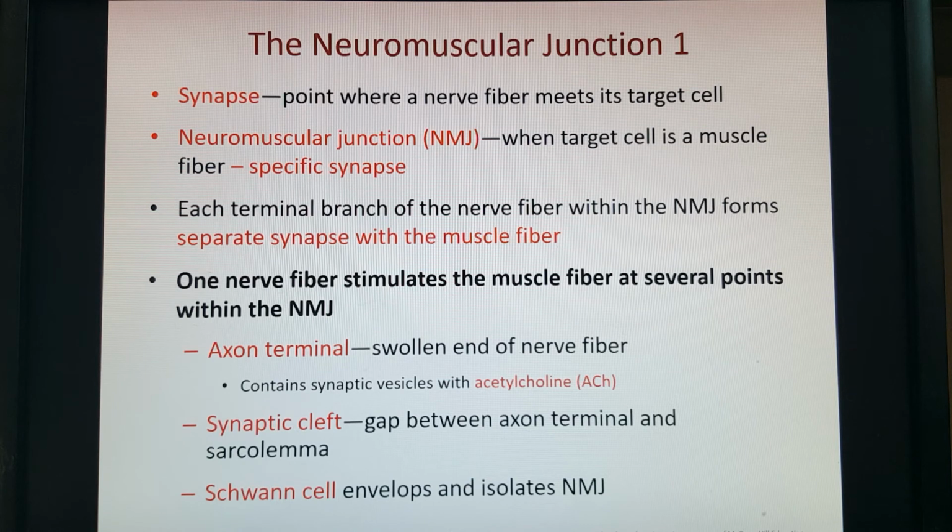This is the electrical charge that's going to stimulate the muscle to do the actual contraction. Also in this area, we have the synaptic cleft, the gap space between our two cells. And helping to keep everything together is a Schwann cell.